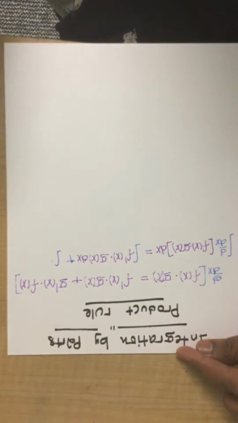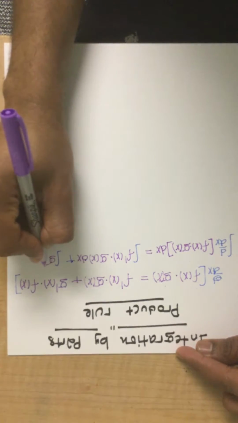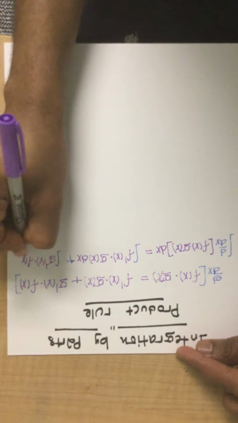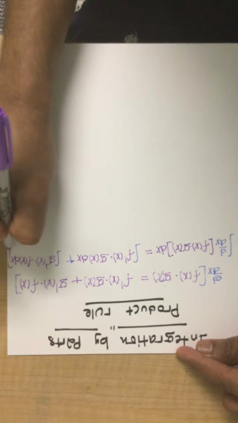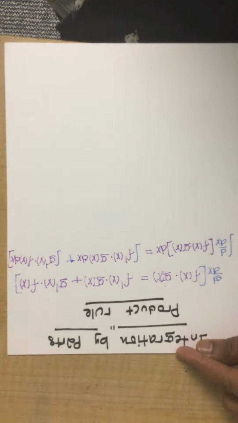So what I'm going to get is again the integral of g prime of x times f of x dx. All right.